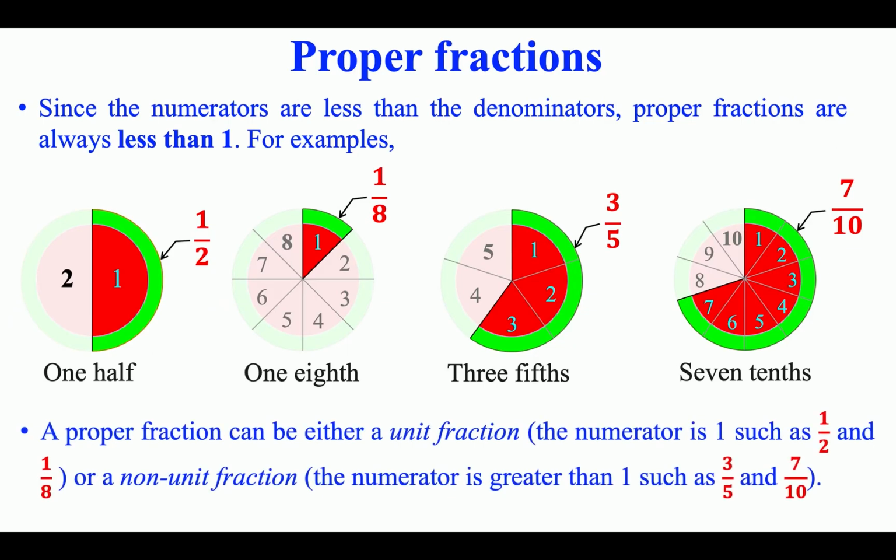A proper fraction can either be a unit fraction, the numerator is 1, such as 1/2 and 1/8, or a non-unit fraction, the numerator is greater than 1, such as 3/5 and 7/10.